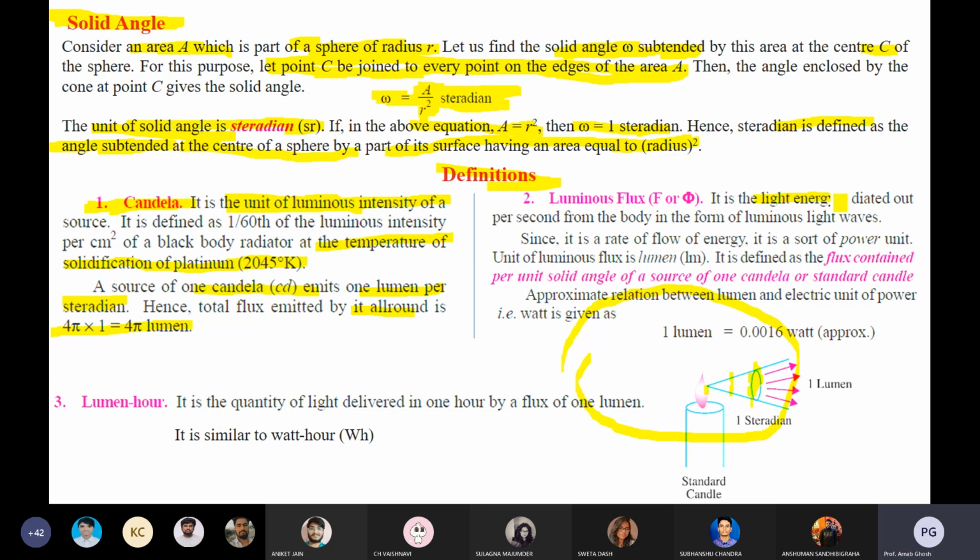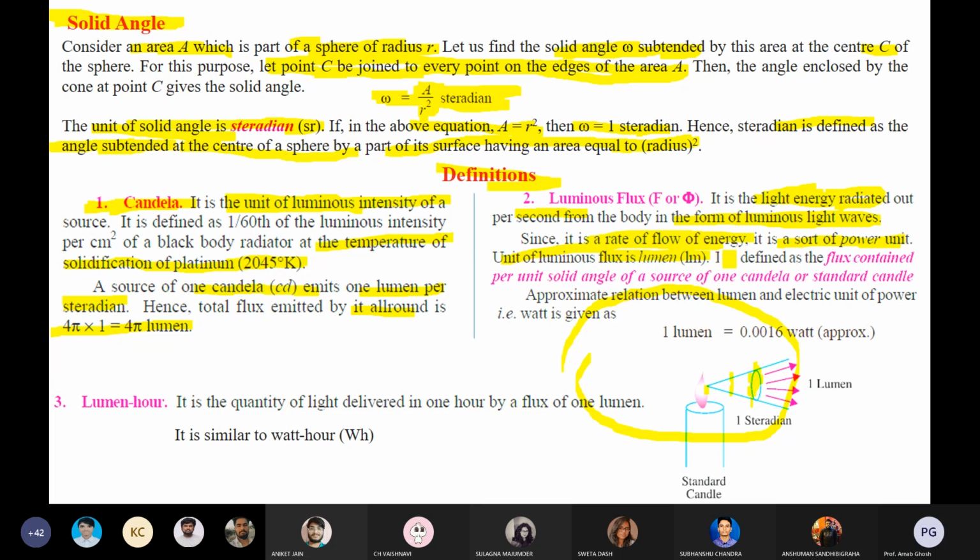It is the light energy radiated out per second from the body in the form of luminous light waves. Since it is the rate of flow of energy, a sort of power, the unit of luminous flux is lumen, Lm.